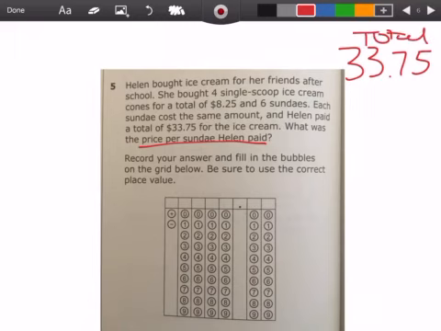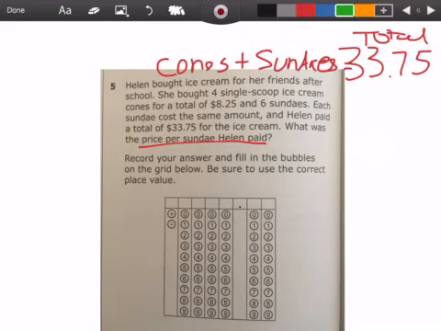Now this total consisted of the ice cream cones plus the sundaes. All right, so the cones plus the sundaes gives us the price of $33.75. So what we need to do, if we're looking for just the price of one of these sundaes, we're going to have to work backwards.